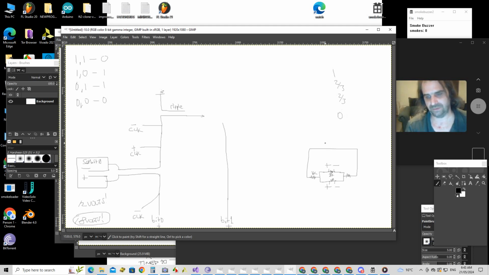No, that's 2/3. Yep, so that one's 2K, that one's 1K, and then I get 1/3, 1/3, 0. That's slightly less amping. I think I only have to times it by 2 to get the amp I need out of it.